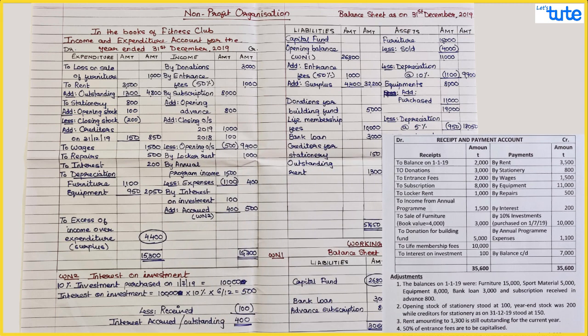Also with this, if there are any adjustments for outstanding or creditors or advance payments, then give the proper effects for the same like we do for any other income or expenses.